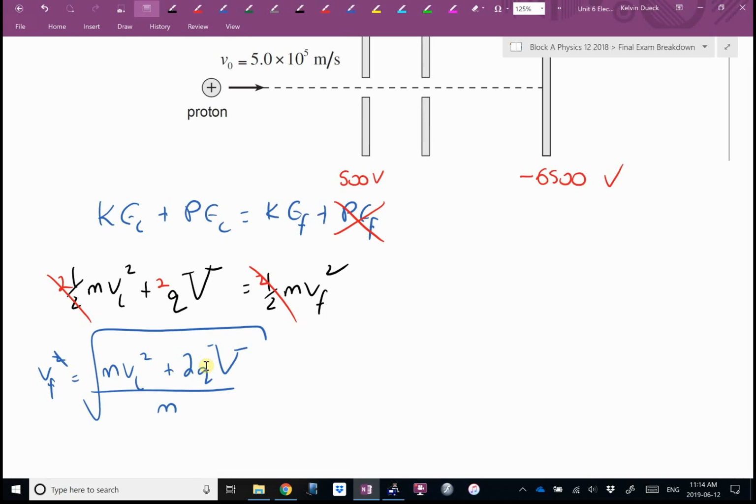Look very carefully. This is the tricky part of this question. What is the change in voltage? 7,000. We start at positive 500, we end at negative 6,500, and so the change in voltage, or as we like to call it, the potential difference, is 7,000 volts.